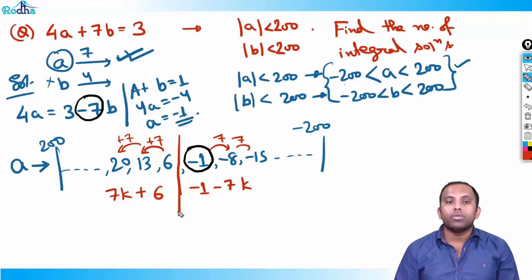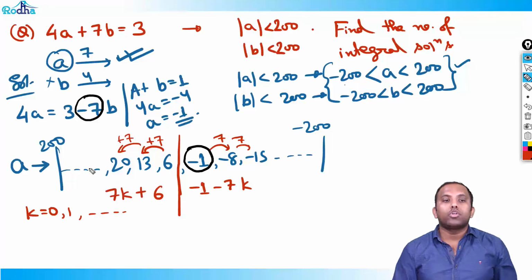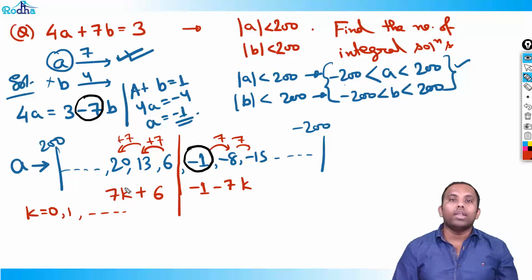Here how many values can k take? k will start from 0. k0 is 6, k1 is 13. Till what value? Till 200. So 200 by 7 is around 28 times. 28 into 7 is 196.